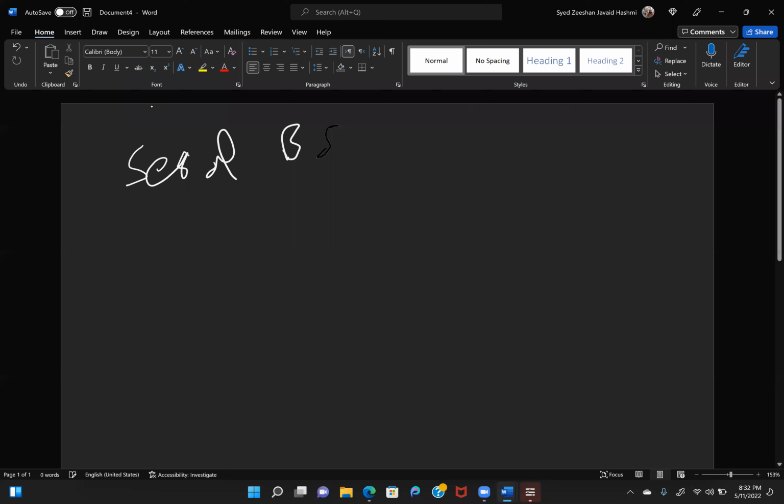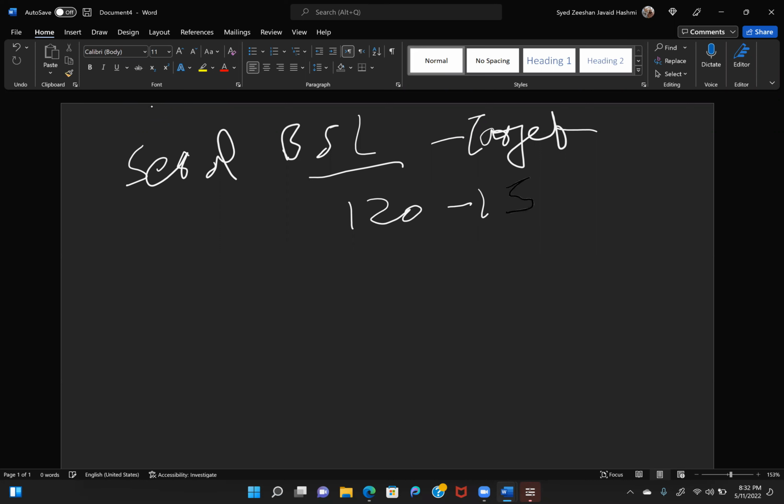And what is your target blood sugar? How much blood sugar do you want to maintain? It's not always a strict one. According to NICE guidelines, you have to maintain sugar between 80 to 180.